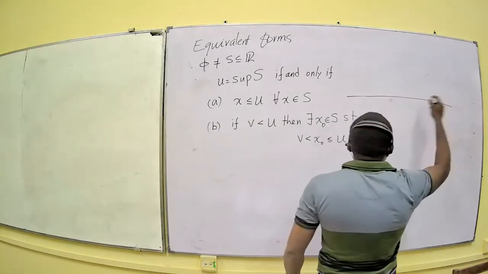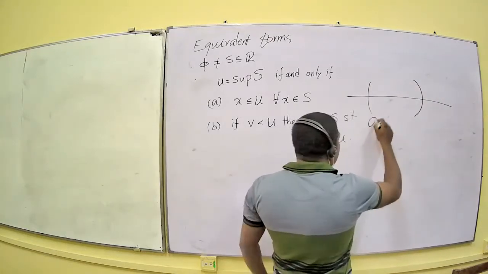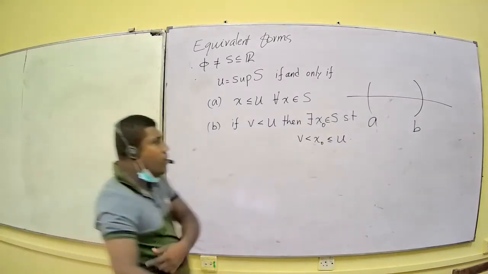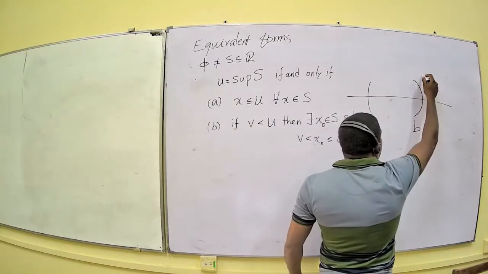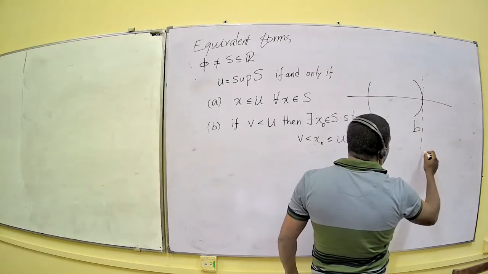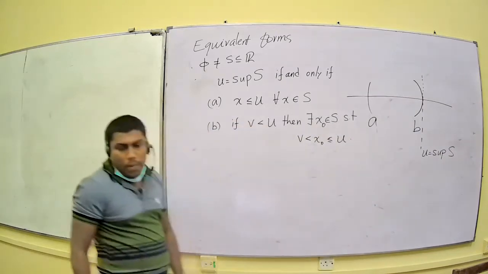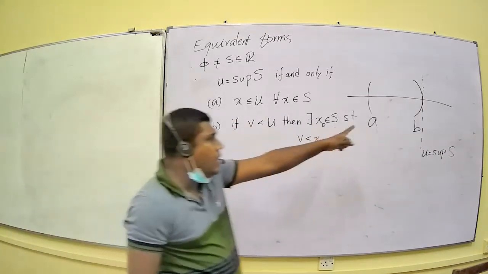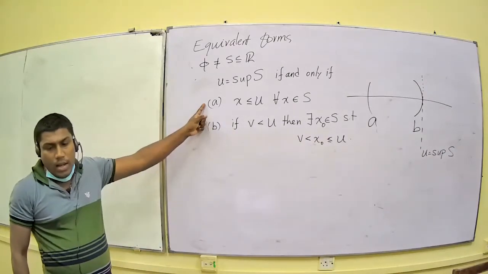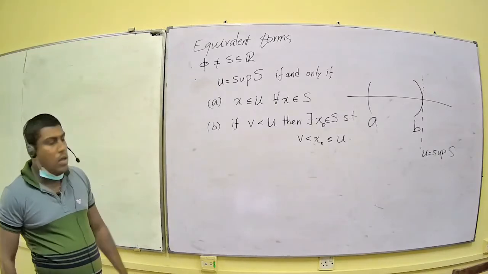So here is how you can say it pictorially. Now this is a set with endpoints A and B, and this is your supremum, U. Any element in the set is less than or equal to U. That is condition number 1. Earlier in the definition we saw that the supremum is the least upper bound.